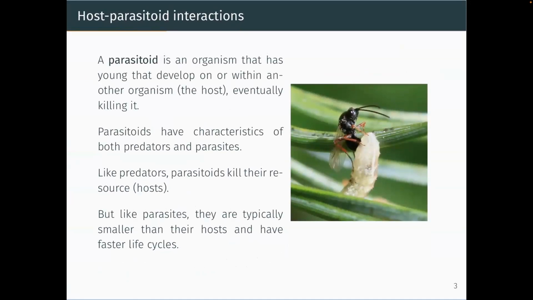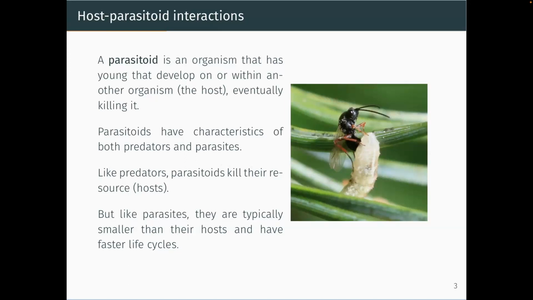As I said at the start, these parasitoids have characteristics of both predators and parasites in the sense that they always end up killing their hosts. So they're kind of like predators in the sense they always kill their prey and also feed off those resources. Arguably, parasites are just like mini predators. Depending on the organisms, the boundary between predators and parasites can become a bit blurred, and parasitoids definitely are ones that blur that boundary.